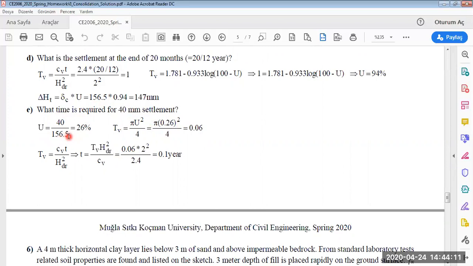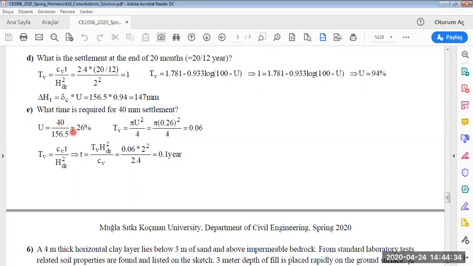It means 100% of the consolidation is completed. Again, we can calculate the degree of consolidation by using direct proportion. For this amount of settlement, how much degree of consolidation is required?